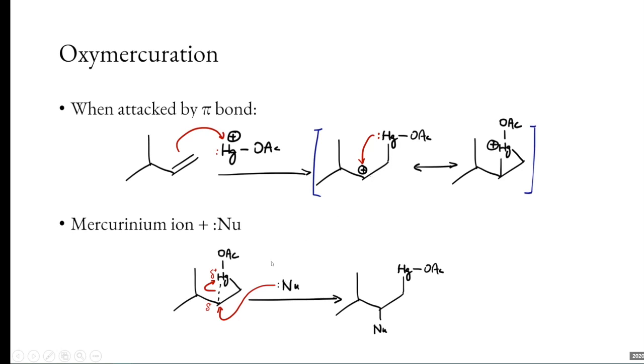So obviously this is a Markovnikov addition, and as you can see, there is no carbocation formed. Even in this intermediate, the carbocation is quickly neutralized by the lone pair on the mercury. So there's no carbocation, there's no rearrangement. That's so nice.